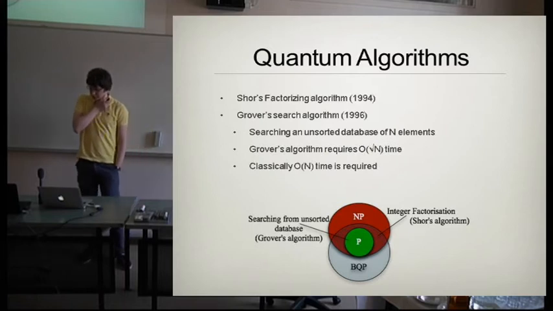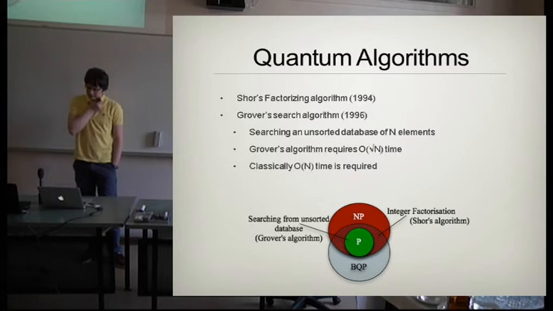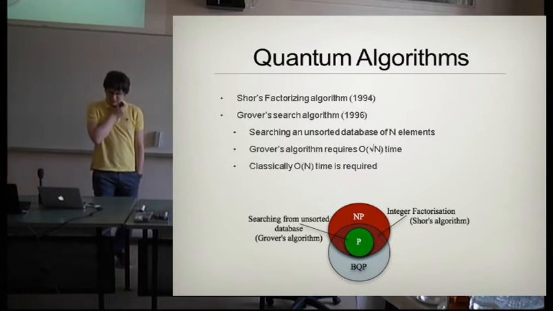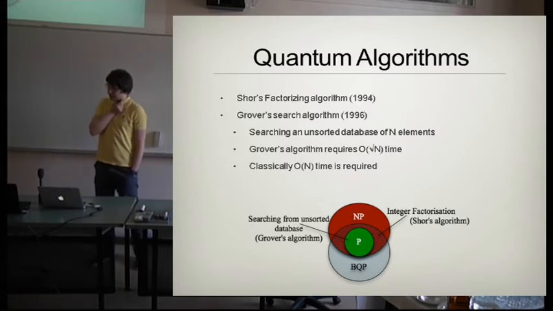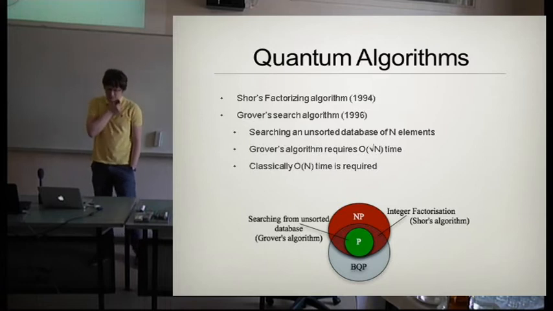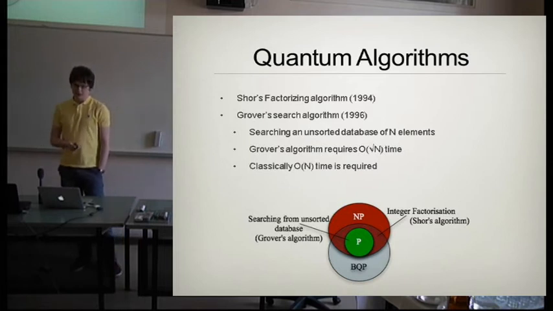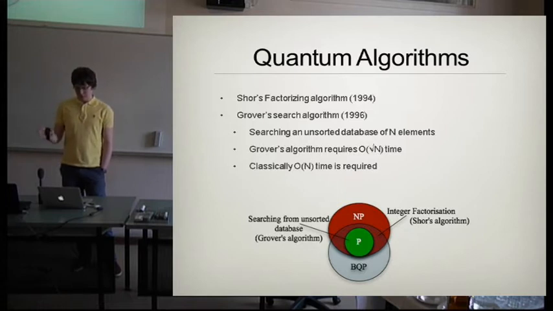Another well-known quantum algorithm is the Grover search algorithm. It doesn't give you as good of a speedup as Shor's. It gives you only a square root speedup, where classically only n queries are required. But compared to Shor's, it solves a wider problem.